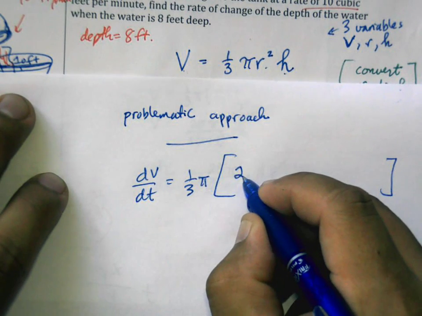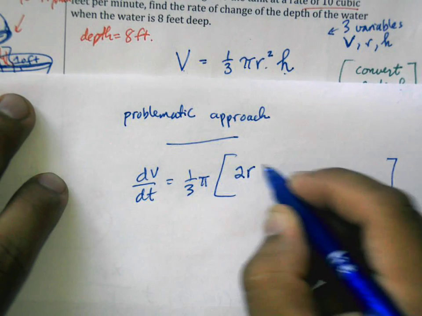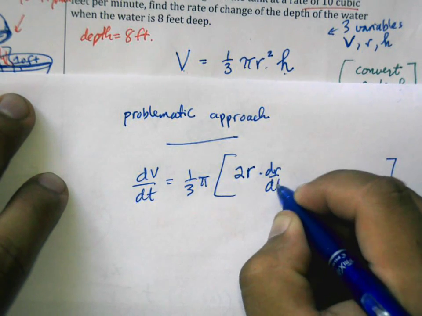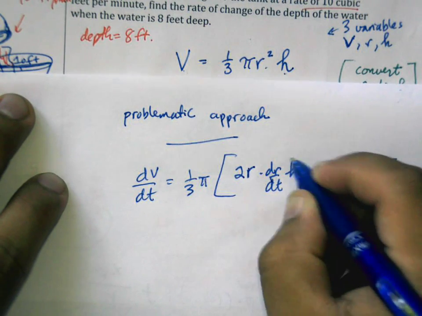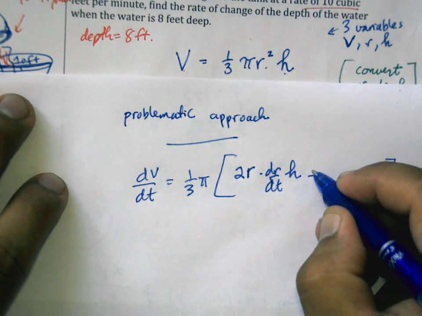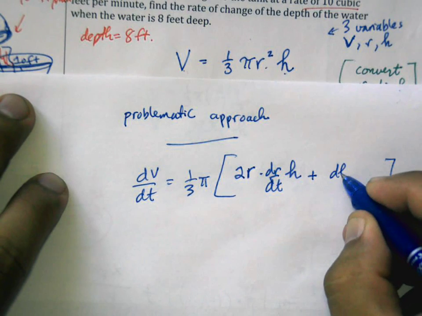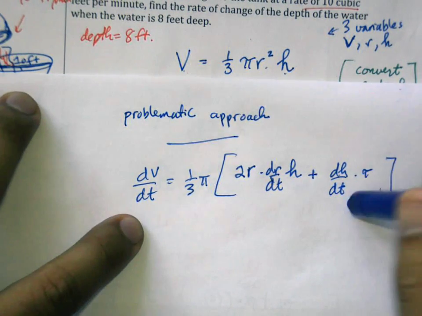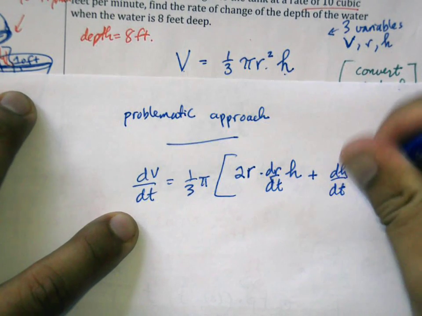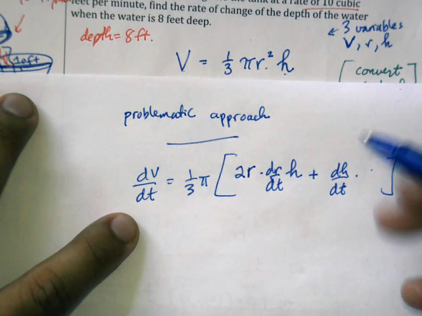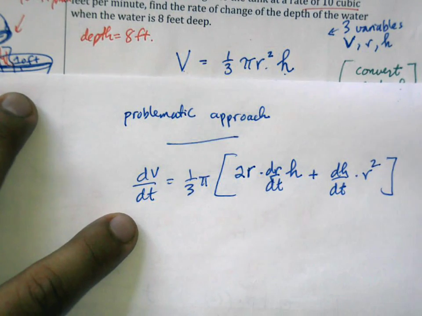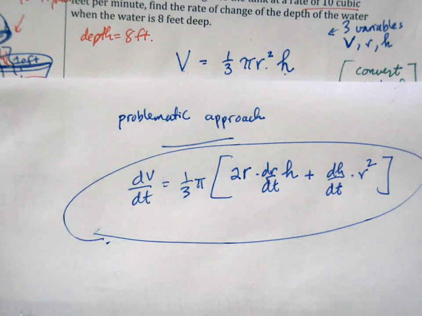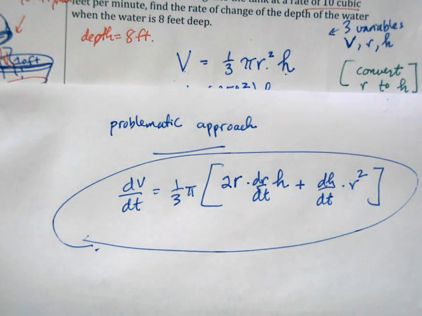So the derivative of the first, which is 2r times dr dt, times the second, which is h, plus the derivative of the second, which is dh dt, times the first, which is not pi, I already got pi out of there. This is r squared. Okay. And this entire expression here is exactly correct.